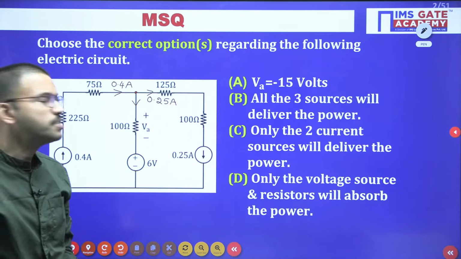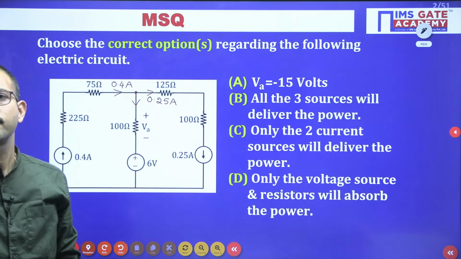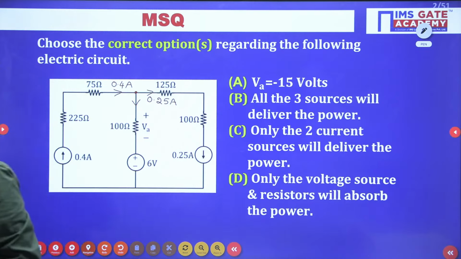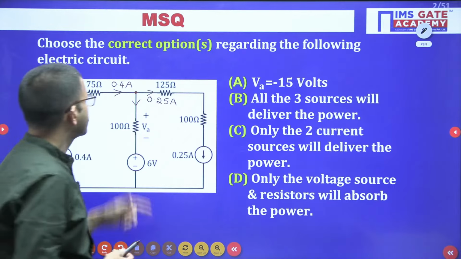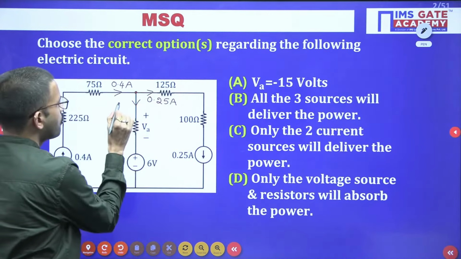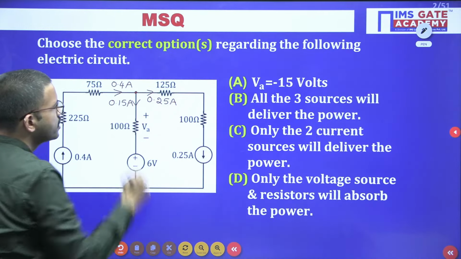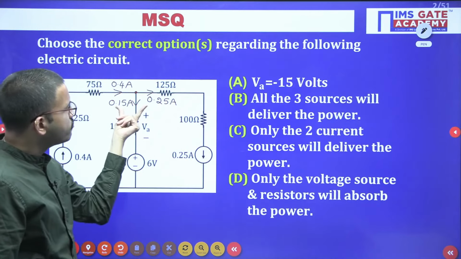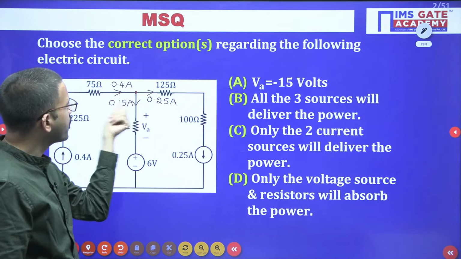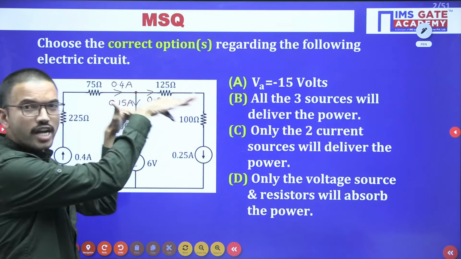Manoj and other students, please mention how much current is flowing in this branch. Yes, if 0.25 ampere is leaving here, then 0.15 ampere is leaving in the other branch. 0.15 plus 0.25 is 0.4 ampere. So if 0.4 ampere is entering, 0.4 ampere should leave.